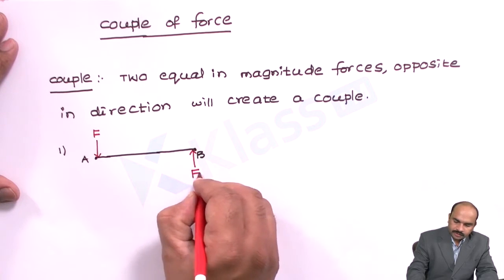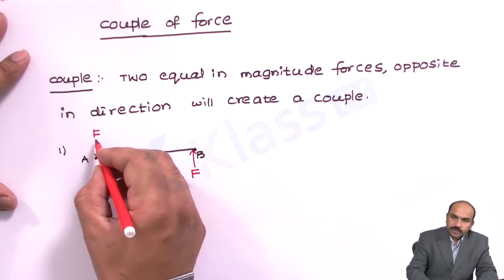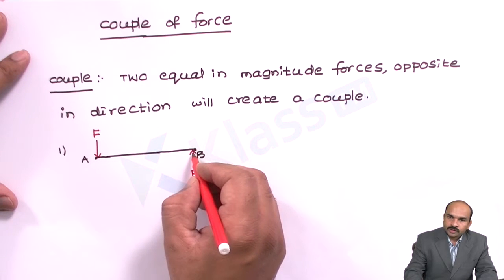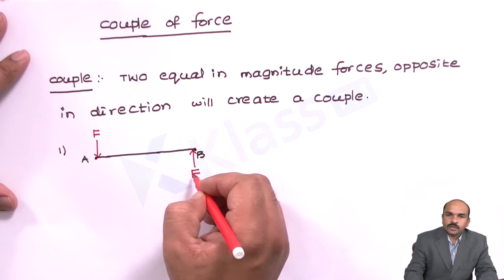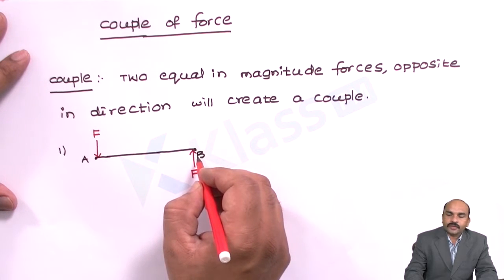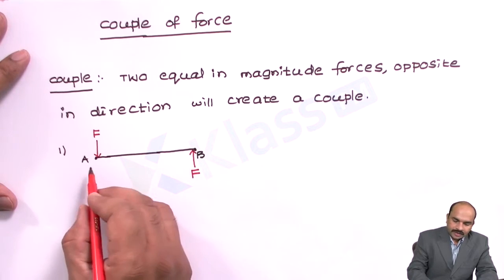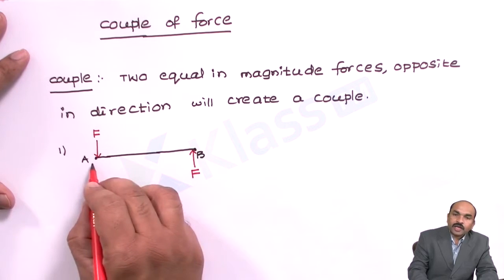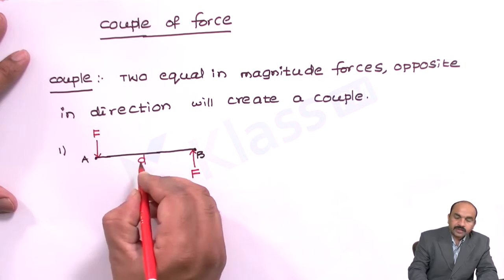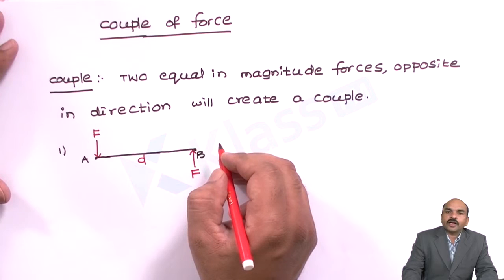Now you can see here, at point A this force will be acting downward and at point B there is the same force, the magnitude is the same but it is acting in the opposite direction. Now let the distance between A and B, the distance between these two forces, be D. Now it will create a couple.